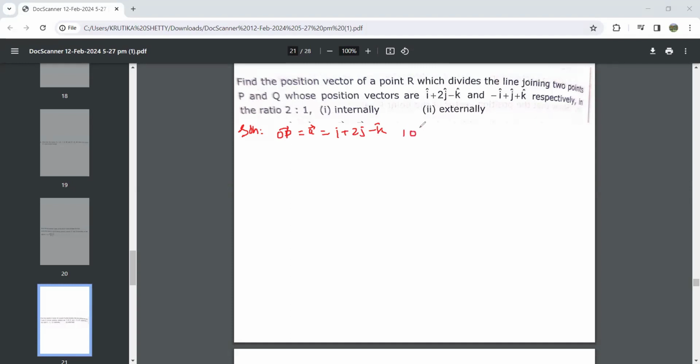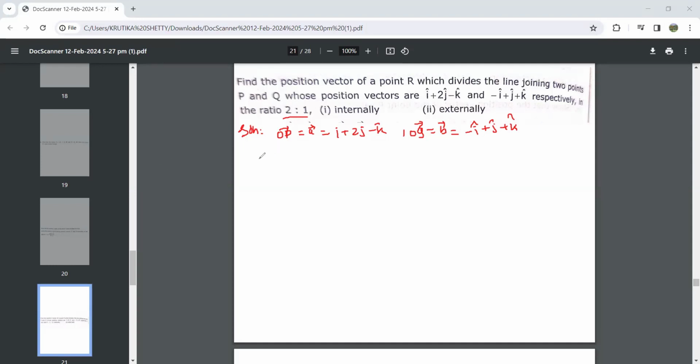And OQ is vector b, equal to minus i cap plus j cap plus k cap. The ratio given here is 2:1. First we will calculate the position vector of R for internal division.